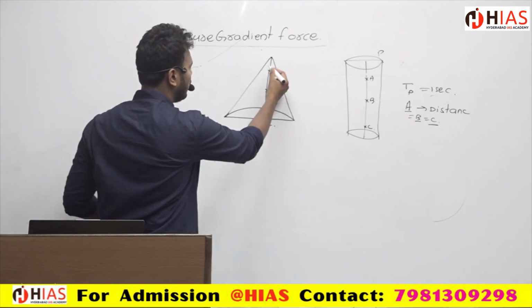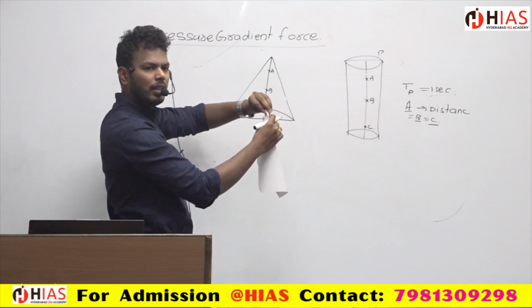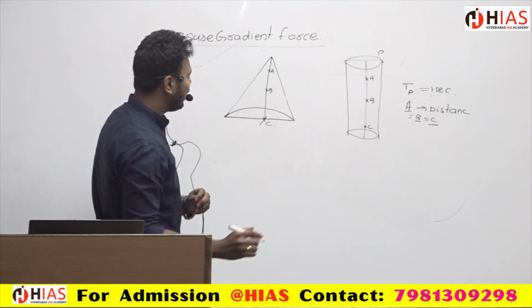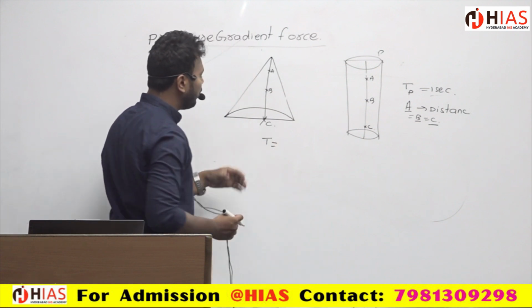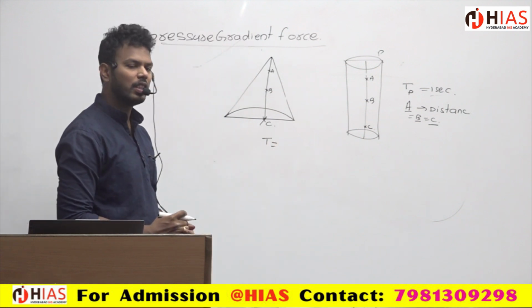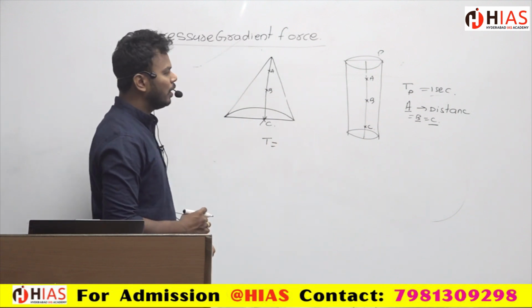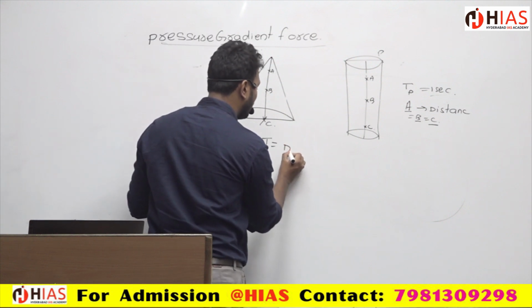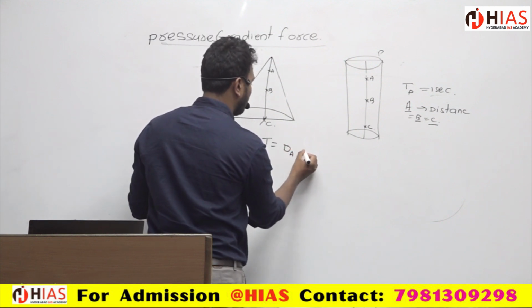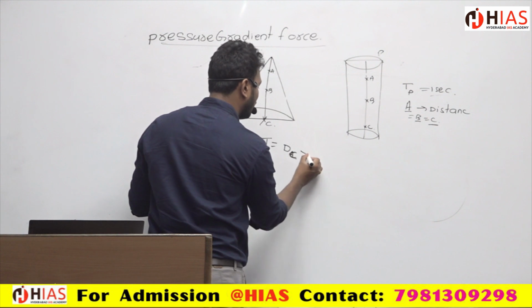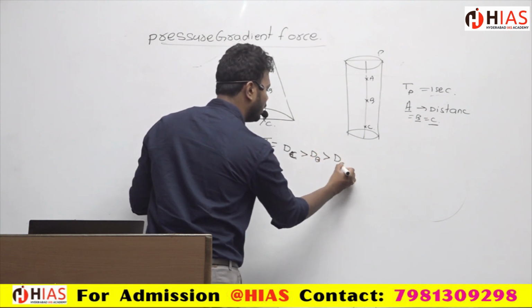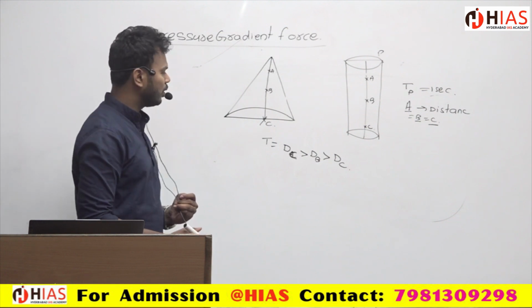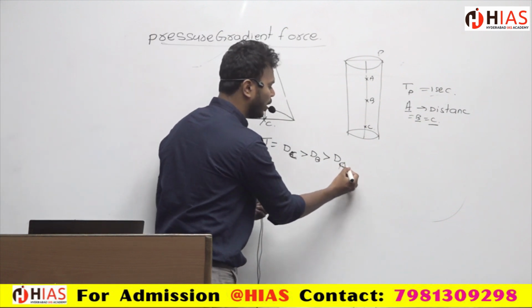So in that time, which distance is more and which is less? The distance of C is greater than the distance of B, which is greater than the distance of A.